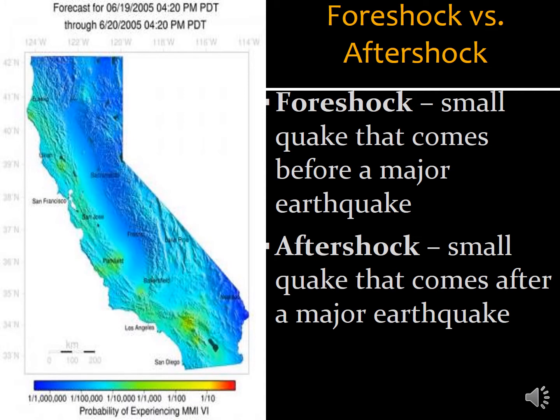Now, what is a foreshock versus an aftershock? So a foreshock is a small quake that comes before a major earthquake. So a foreshock is like, okay, we got a little tremble. Like, you ever feel that when you go on a roller coaster and they give you that little dip and then they go back up, and then you got that big dip? Well, that's what happens with the foreshock and aftershock.